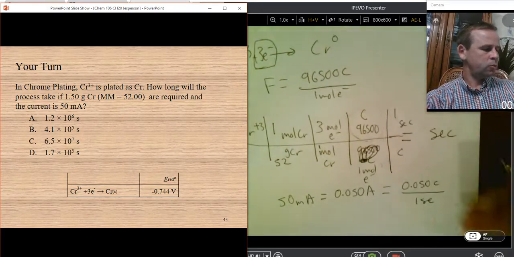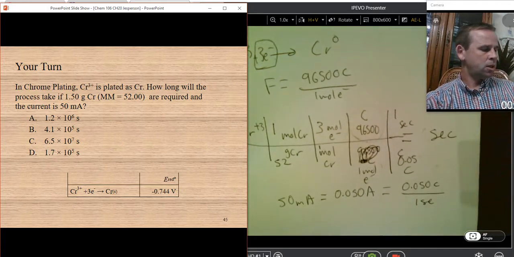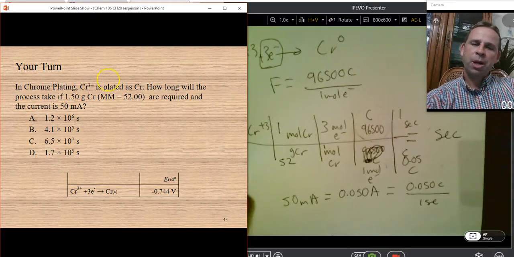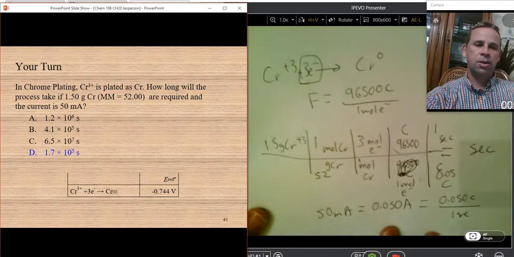So then for every second, you're going to get 0.05 coulombs, and then that should give me my answer there. I'm not going to need this 0.744. This is a helpful piece of information just to see that I need the 3 electrons there. All right, so hopefully you guys got the right answer there.